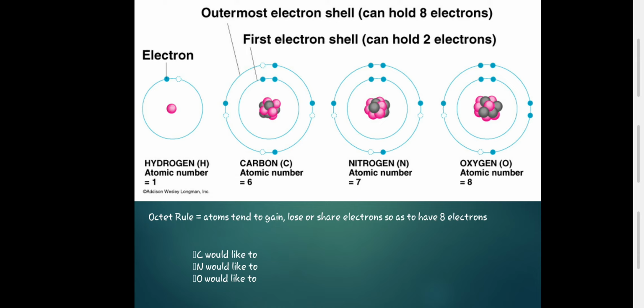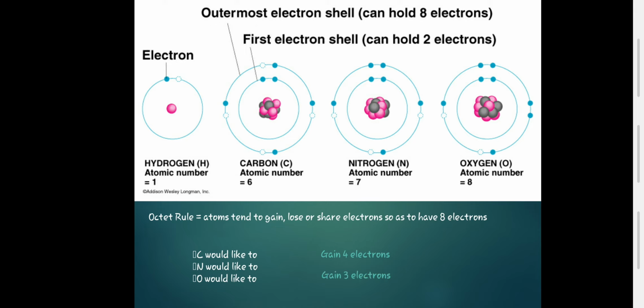Okay. Of course, the outermost shell can hold 8 electrons. The first electron shell can hold 2 electrons. Always remember. So, carbon would like to gain 4 electrons.